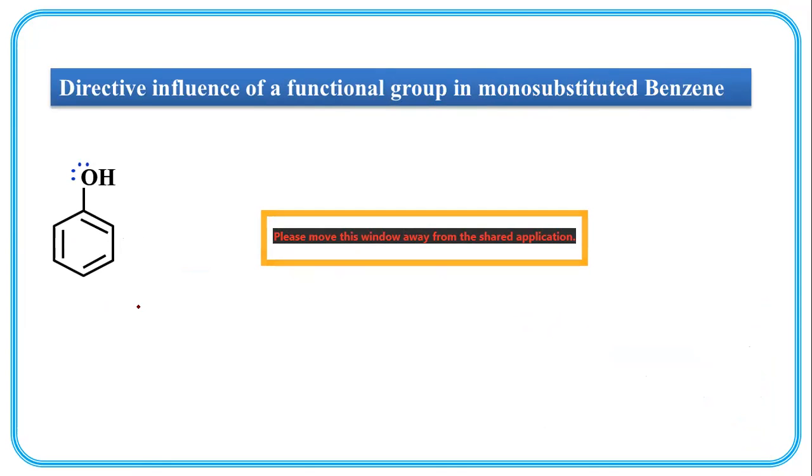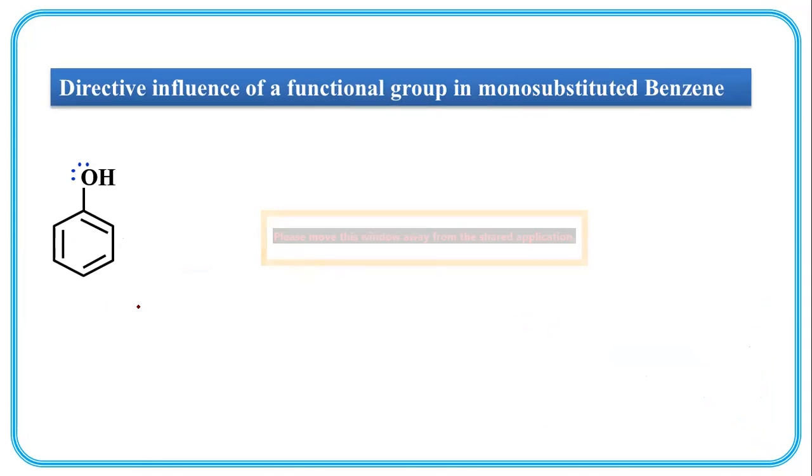Now, the directive influence of a functional group in monosubstituted benzene. Now this is phenol, that is monosubstituted, monohydroxybenzene.